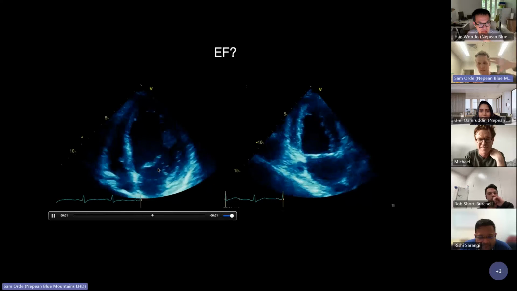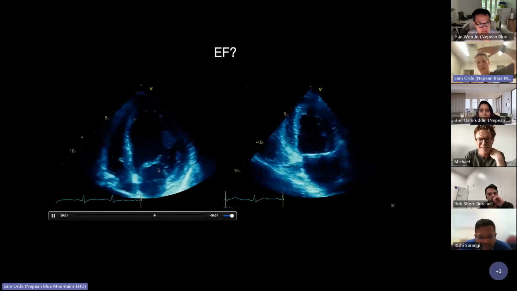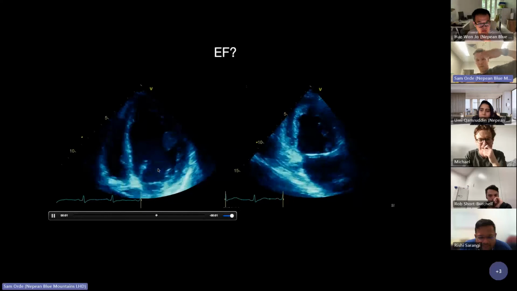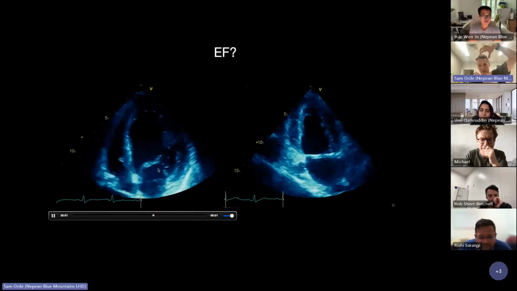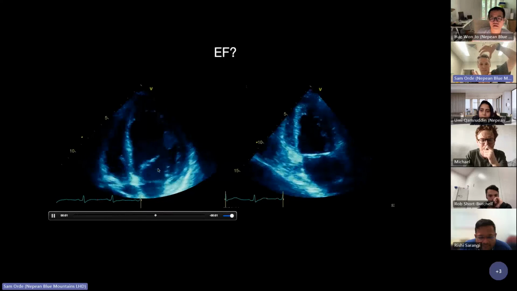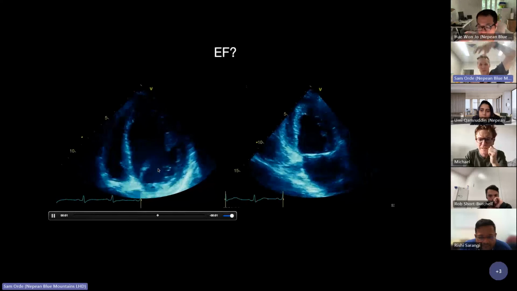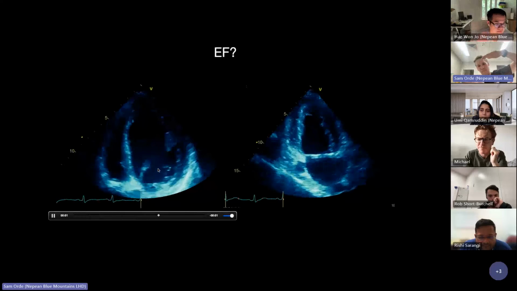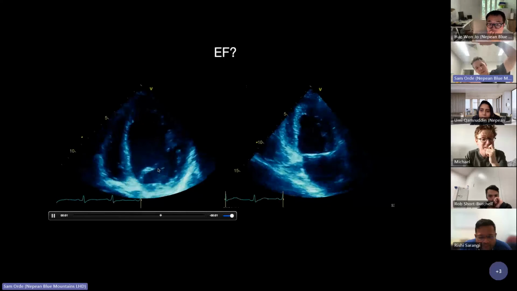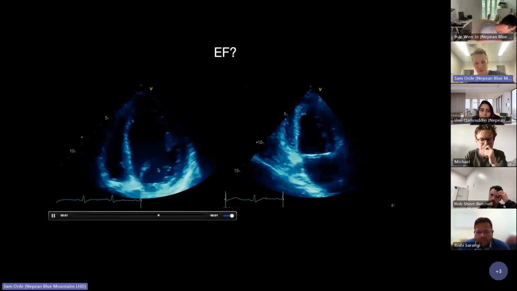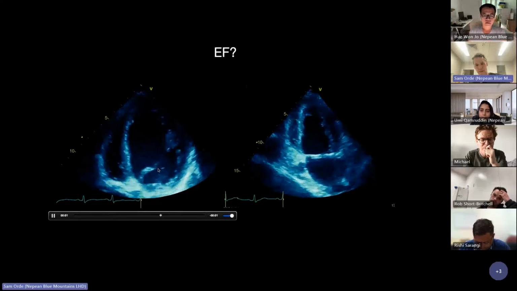I'm going to do it by interpretive dance rather than go back to the first slide. When the heart contracts, if that's the top of the heart, that's where the mitral valve is, and that's where the apex is, the heart twists down like that, and it's the base that comes down towards the apex. So the apex is fixed and the pulmonary veins are fixed, and the bit that moves is the bit in the middle, the annulus, or the fibrous skeleton.